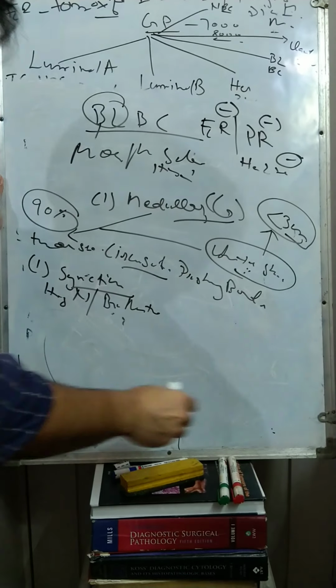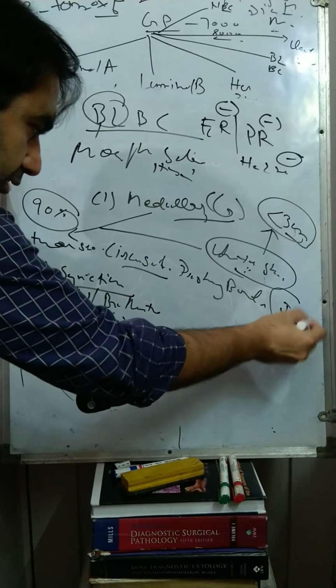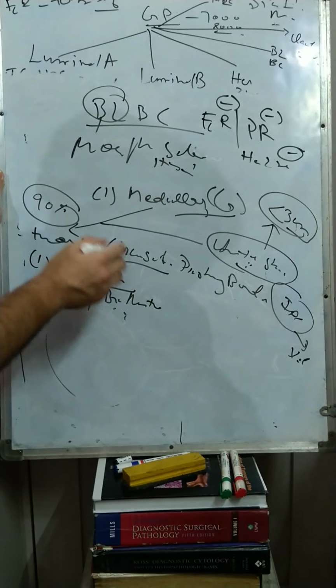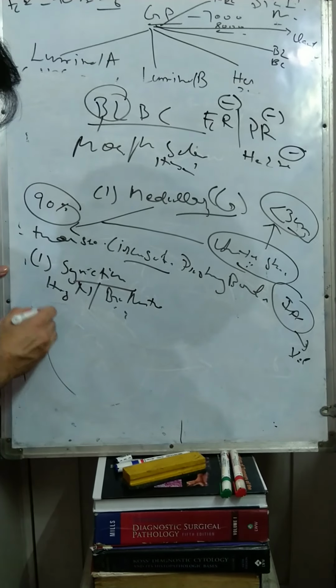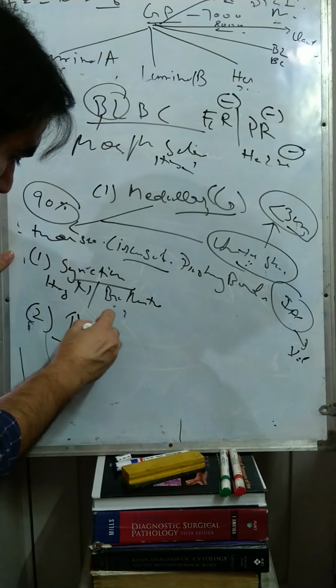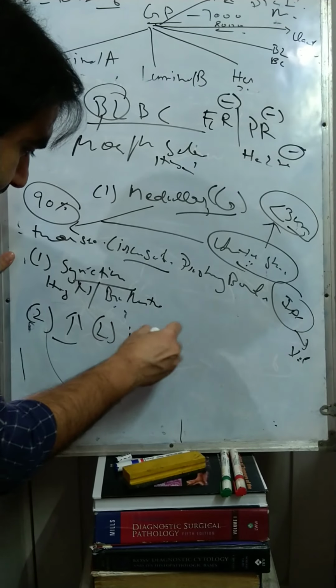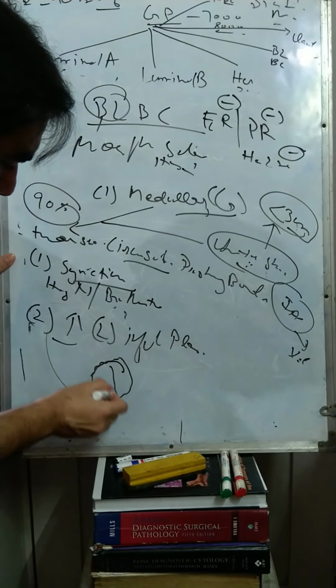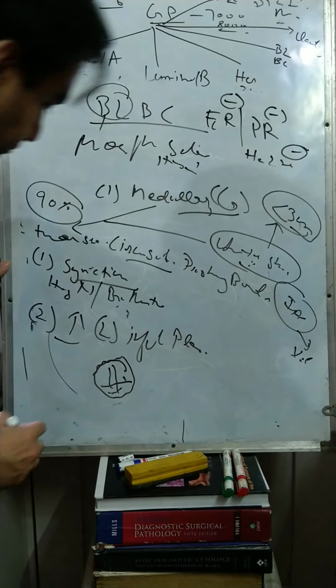Remember, IDC on gross is usually yellowish in color. This will be whitish in color. So syncytium, well circumscribed, pushing borders. Second, they have a high lymphocyte infiltrate, plasma cells, which can be circumscribed or in between the tumor cells.